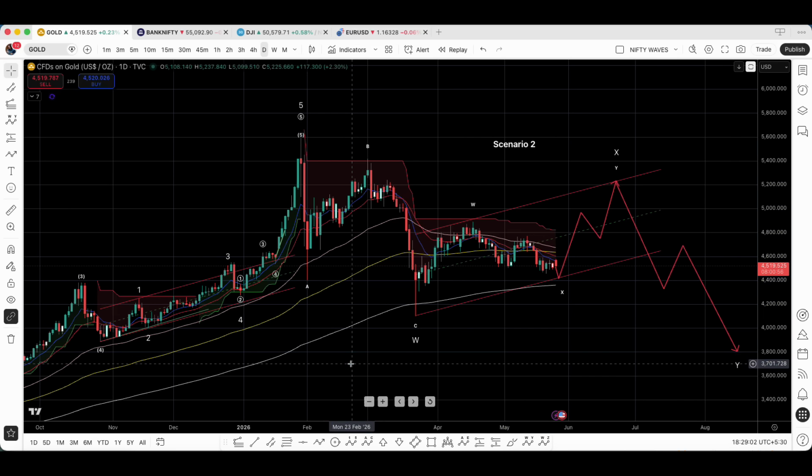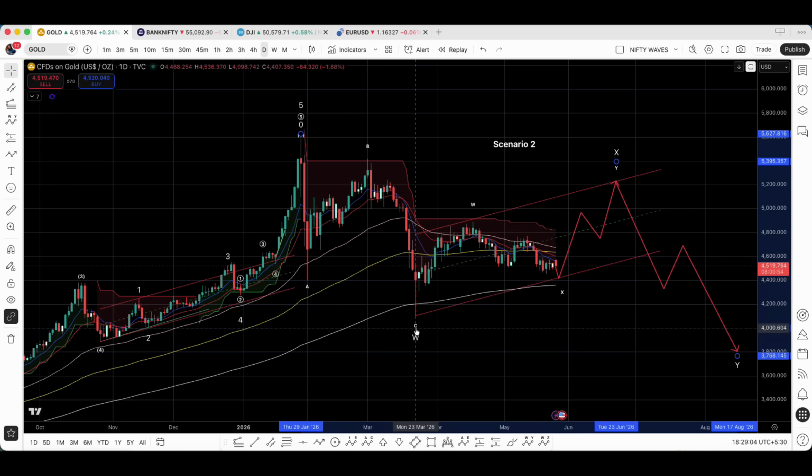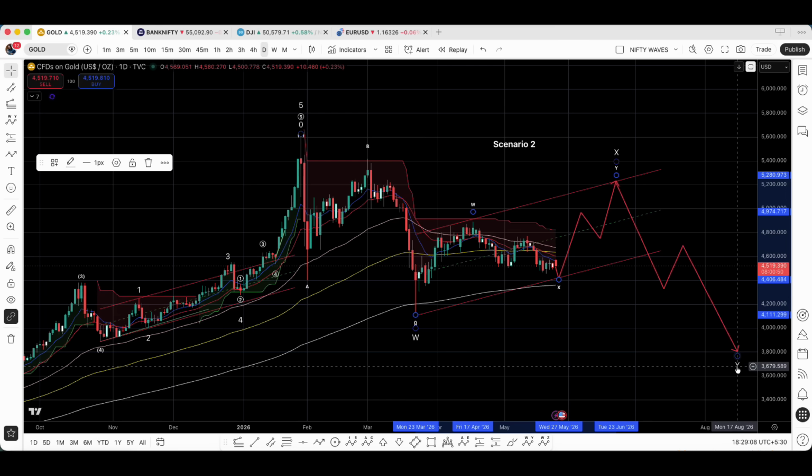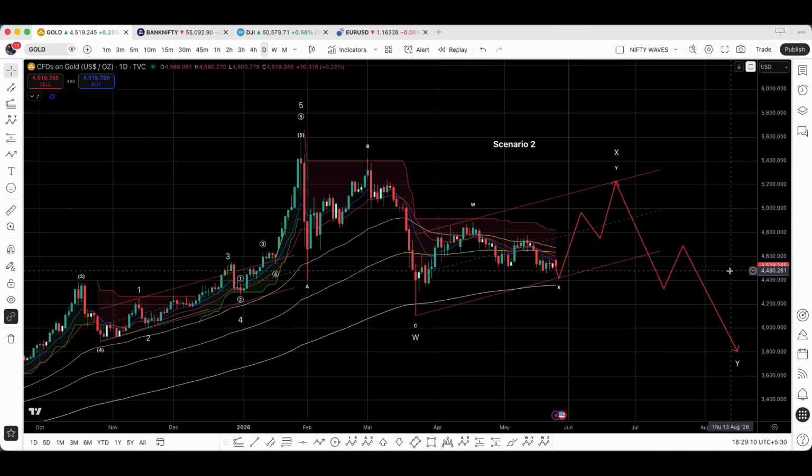Again, I'm going to take you a little slowly with all the markings being done. Just give me a sec while I clean the chart up a little. So we've got 1, 2, 3 ABC forming wave W on the bigger scale.